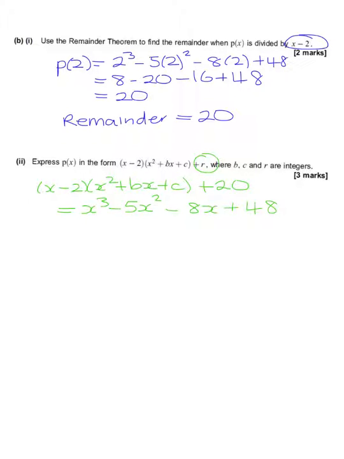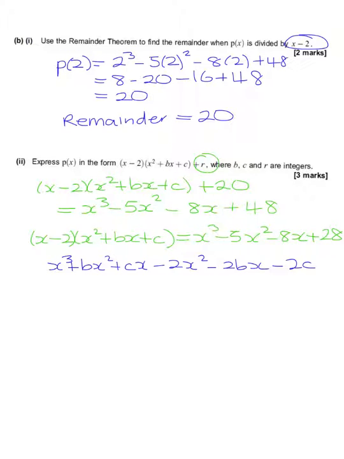We need to find what b and c are. So we can take 20 from both sides of our equation to leave us with a cubic that will factorise. And as we did in part AII, we can expand that expression and collect similar terms together.